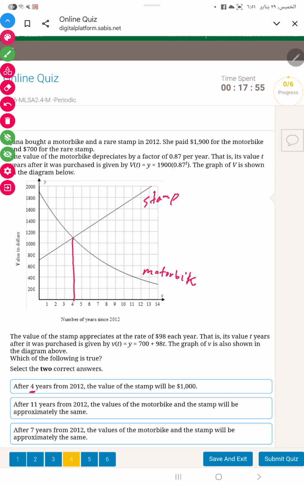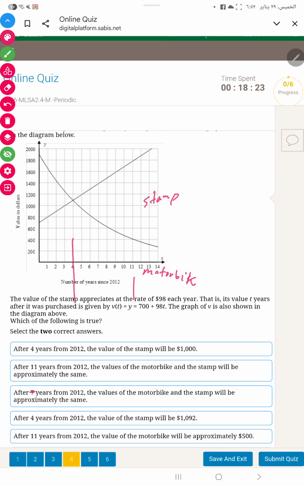So after 11 years from 2012, the values of the motorbike and the stamp will be approximately the same. After 11 years here, no, they are not the same. This is 400 and the stamp is 1800, so it's not the same. This is incorrect. Let's see other options.